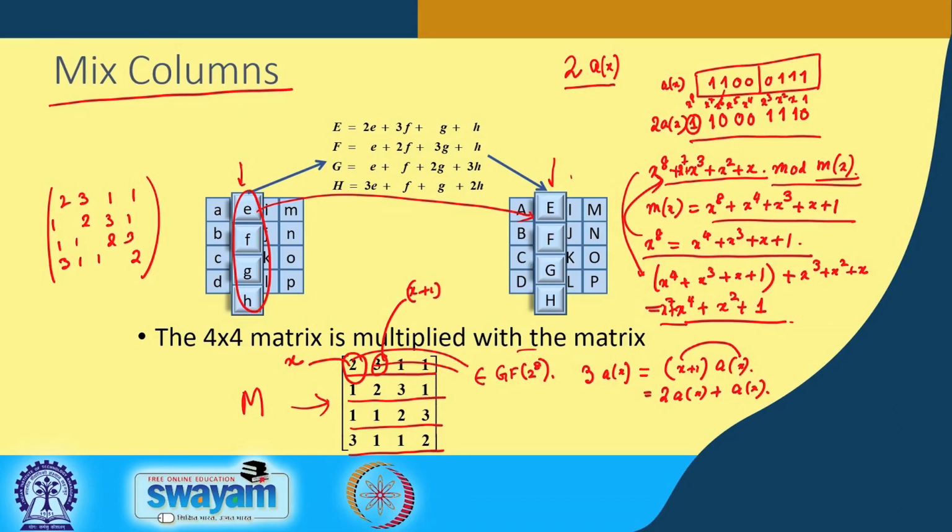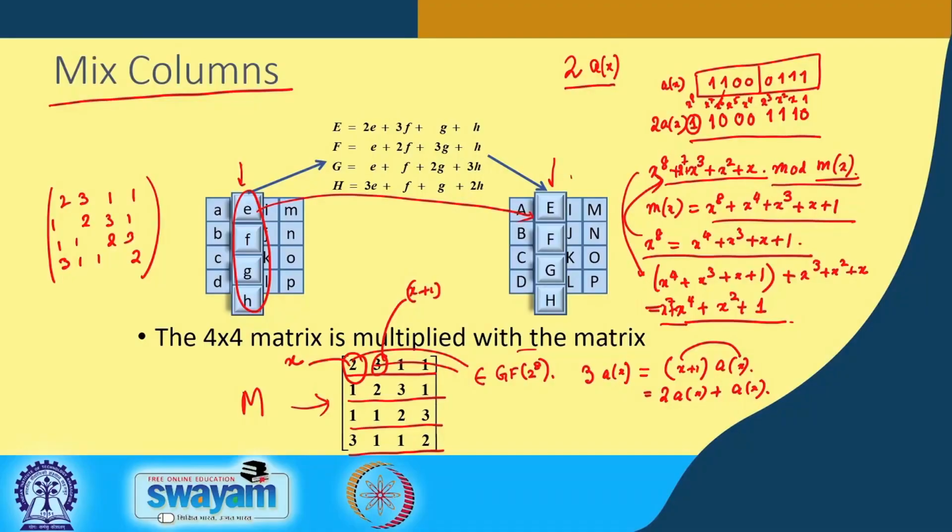So 2 is a representation in binary format for x, right? So you see that the way we were representing these elements is, if I take 0 0 0 0 0 0 1 0, this stands for 2, right? So if you look at this from the polynomial point of view, this is nothing but x. I know it is slightly confusing because I think we are speeding up things, but I hope you gather it.